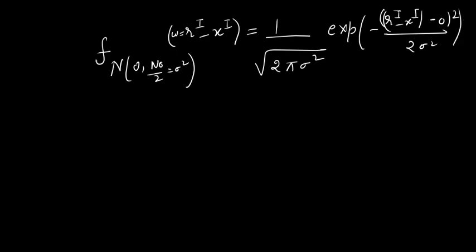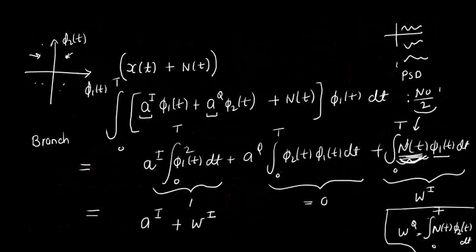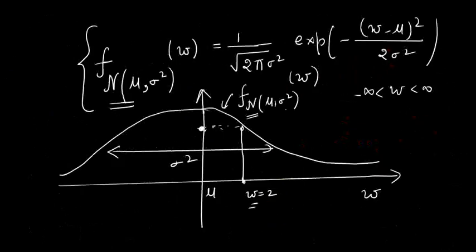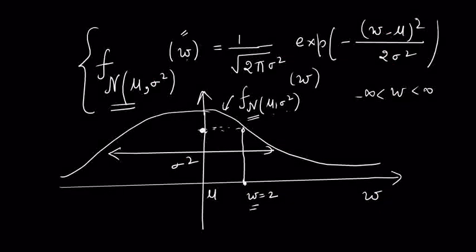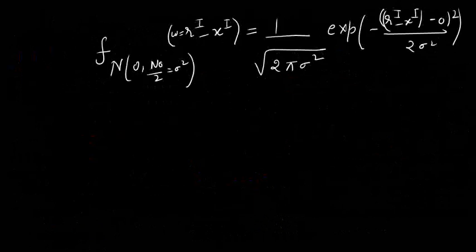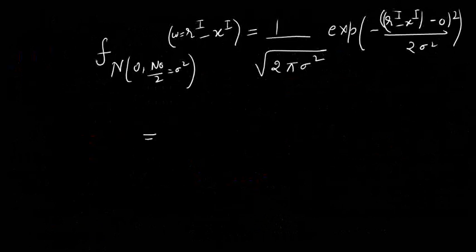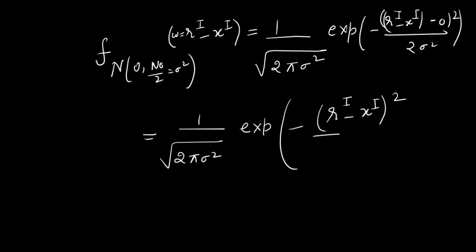I am using here only this formula which I have just written. W is in our case Ri minus xi. Further simplify it: 1 upon root 2 pi sigma square exponential of minus (Ri minus xi) whole square.